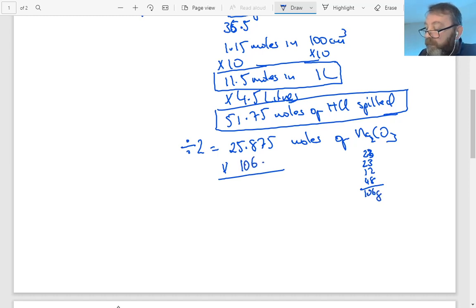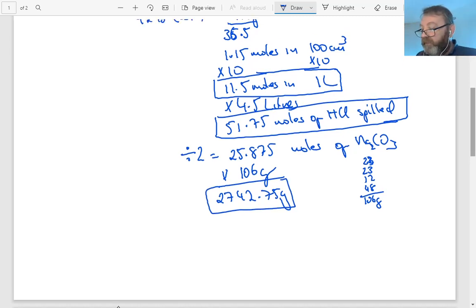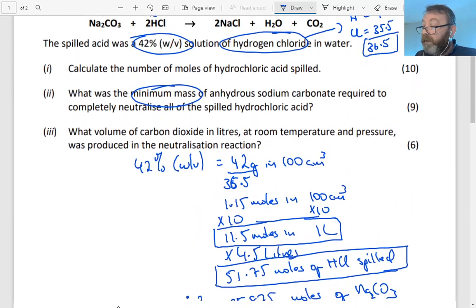So I'm going to multiply that by 106. By the way, 106 is the molar mass of Na2CO3. It's how heavy 1 mole is in grams. So we multiply that by 106, and we work out that we need quite an amount of this stuff. We need 2,742.75 grams, or if you want to, 2.74275 kilograms. But it didn't ask you for the change, so that's perfectly fine. And that was given you for 9 marks.